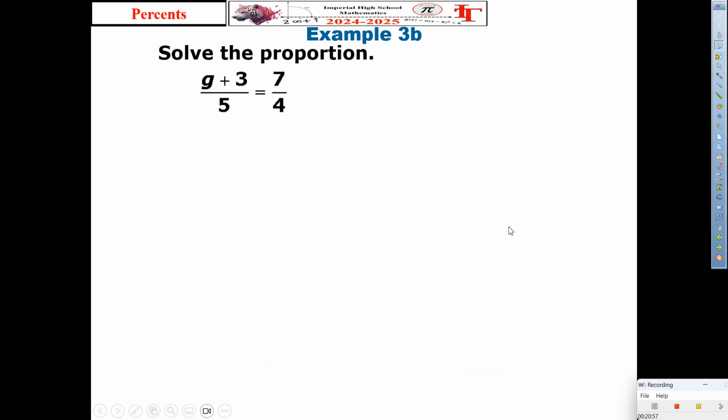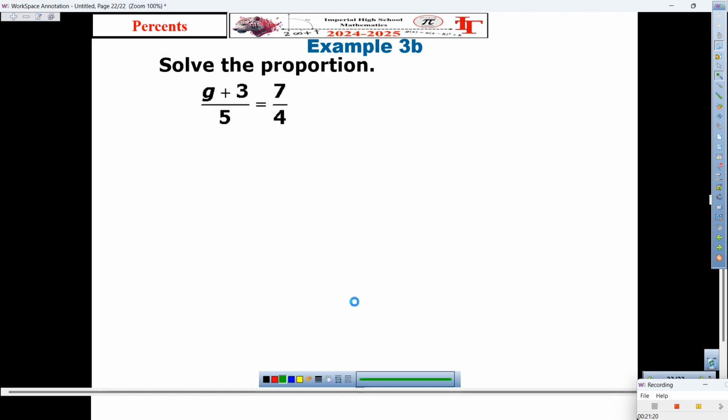Example 3b. G plus 3 over 5 equals 7 over 4. Send me your answer as soon as you're done with your work. Want to see your work? All right, let's see. Share with your neighbor what you got. Answer, what'd you get?